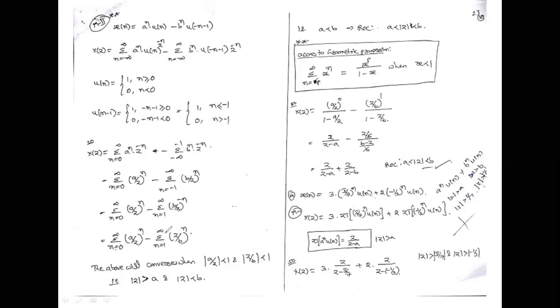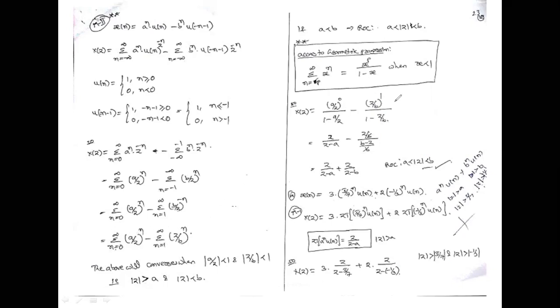Okay, and simplify this to get z is greater than a for one function and z is less than b for the other function. Even though it is in the form of sum of n equal to n1 to n2 a power n, consider it as a by z to the power of n1, a power 0 by 1 minus a by z, and here z by b whole power 1, because n1 is 1 here.